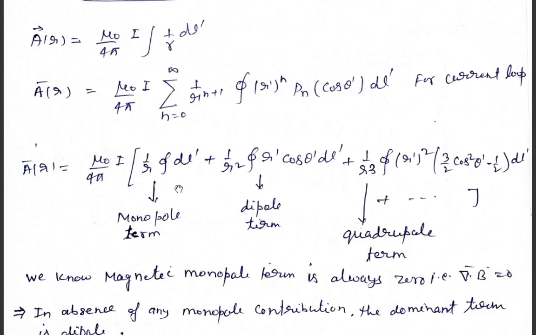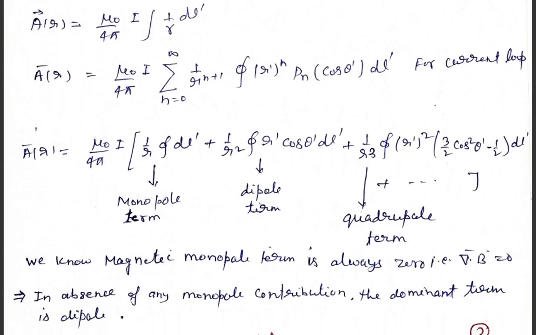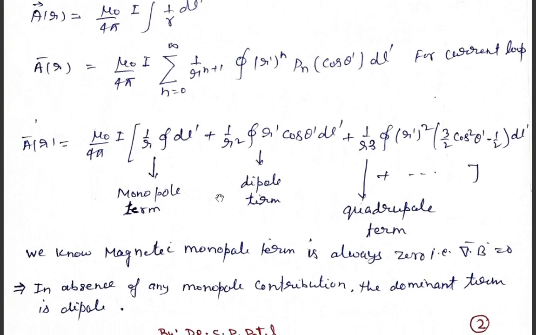If this term must be equal to 0, then in the case of the vector potential, what will be the dominating contribution? The vector potential for any localized current can be written in terms of the monopole term, dipole term, quadrupole term, octupole term; all multipole terms contribute to the magnetic vector potential.